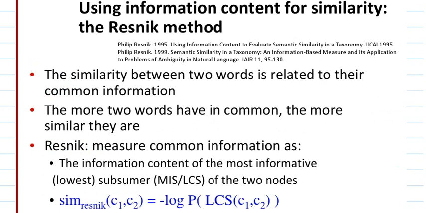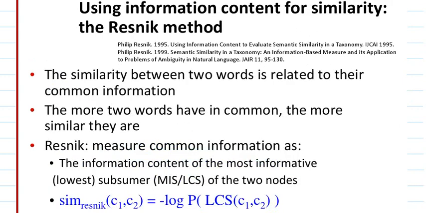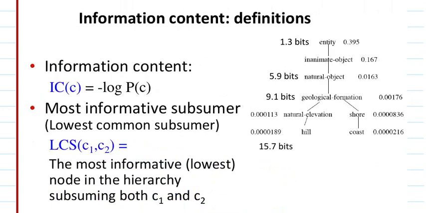So we can calculate the Resnik similarity of C1 and C2 as minus log base 2 of the probability of the lowest common subsumer of C1 and C2. We can do this in the same way. The probability of the LCS of hill and coast is the probability of geological formation, right?